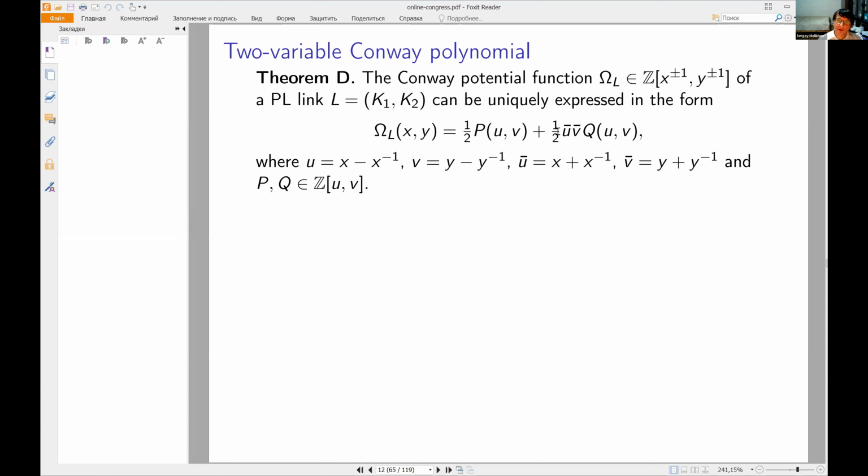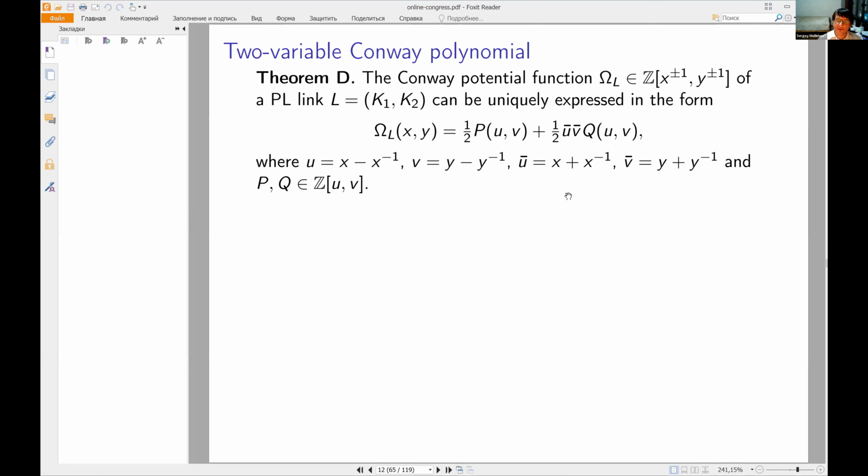And for u bar and v bar, you don't have to use squares, cubes, and so on. It's enough to use just linear terms, because u bar squared equals u plus 4. So you can simply exclude all the squares.